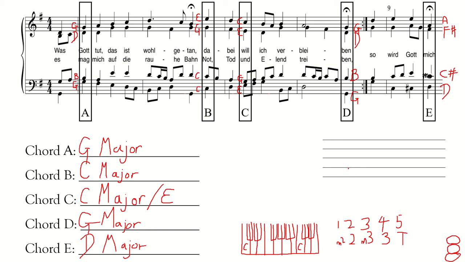So we have a D, a C sharp, an F sharp. Got to remember to put these on, and an A. So D, F sharp, A, C sharp.